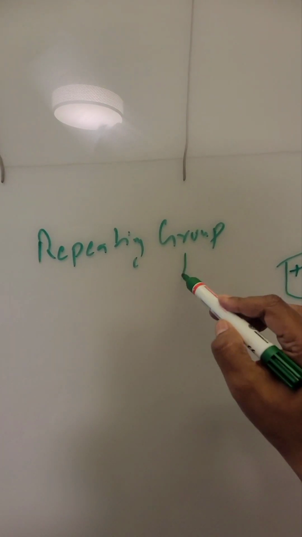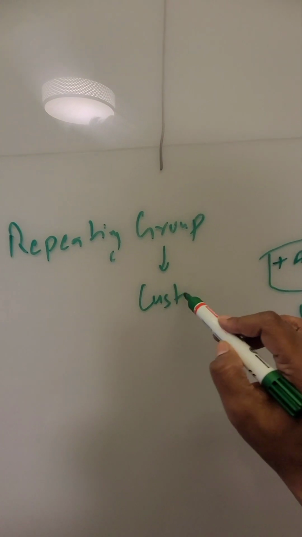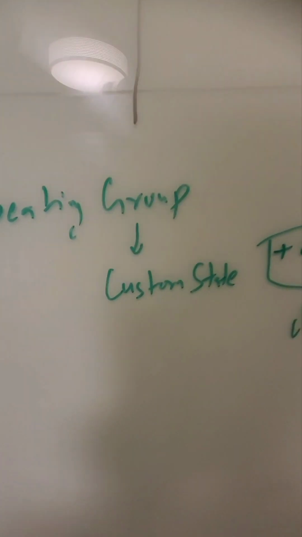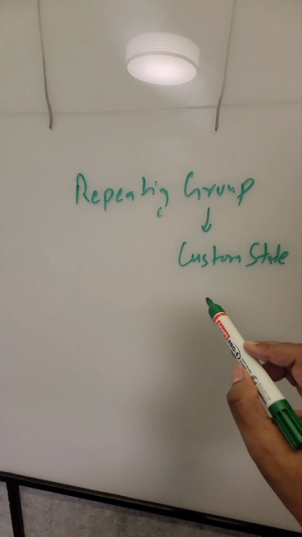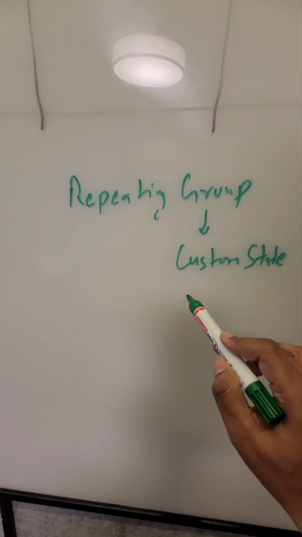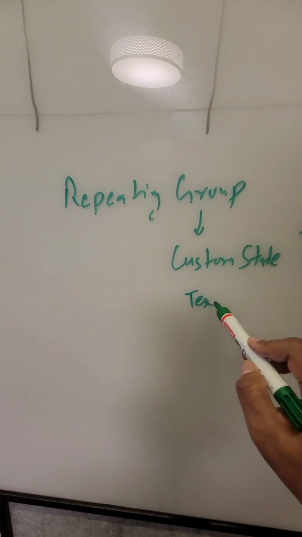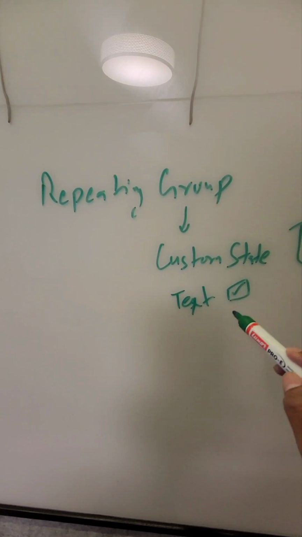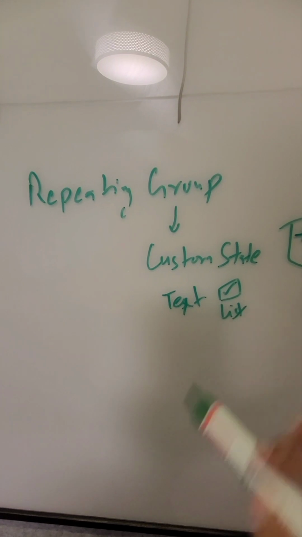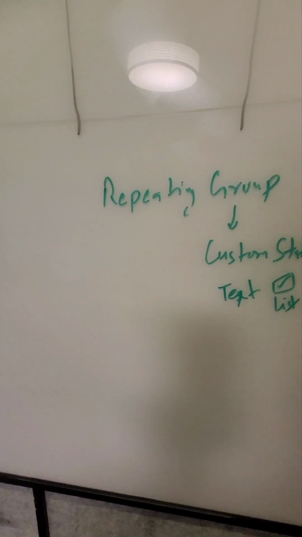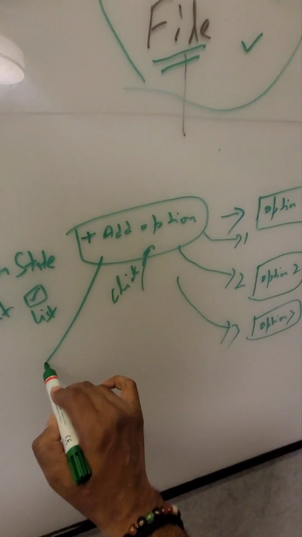So probably I'll add a custom state here, and I'd say this could be a text, and inside there's a checkbox called list, right? So this text is a list, because we are adding options, right? So whenever this button gets a click, this adds an option, right?